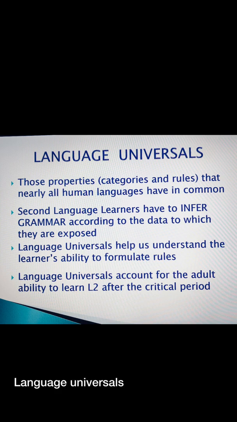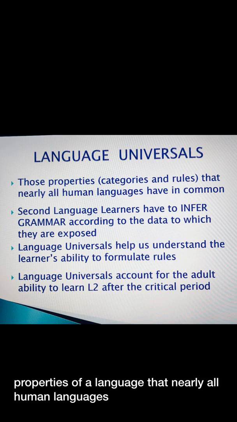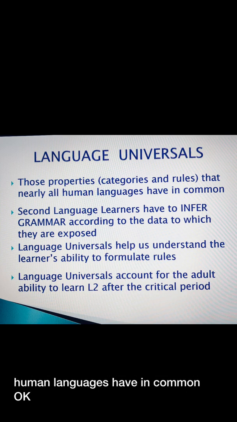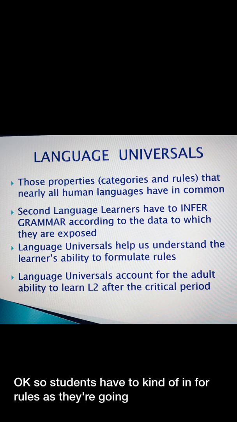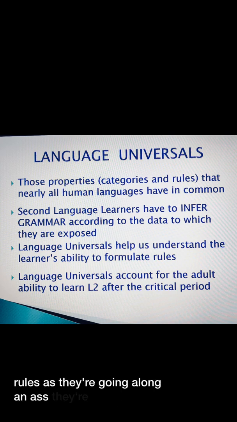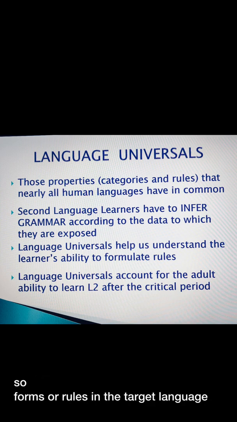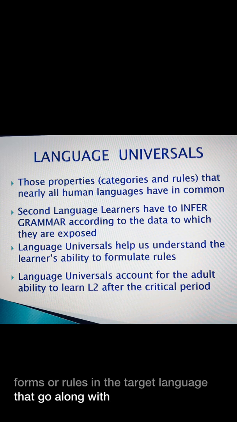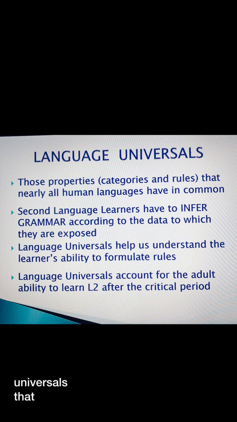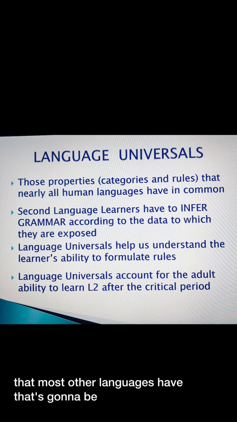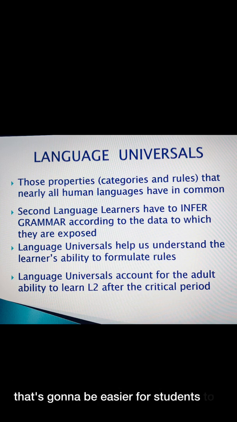Language universals are those properties of a language that nearly all human languages have in common. Students have to kind of infer rules as they're going along and as they're being exposed to things. Forms or rules in the target language that go along with universals that most other languages have are going to be easier for students to learn.